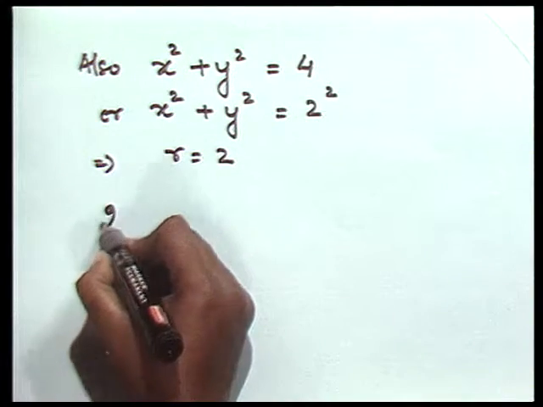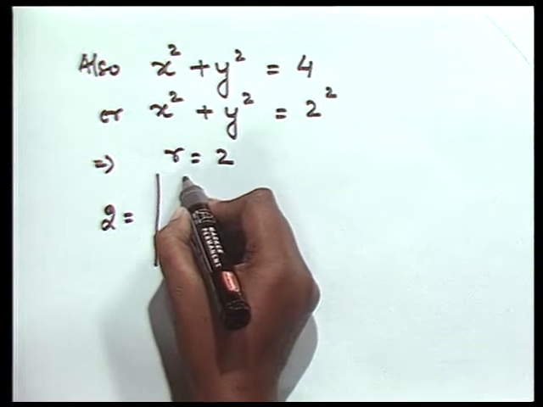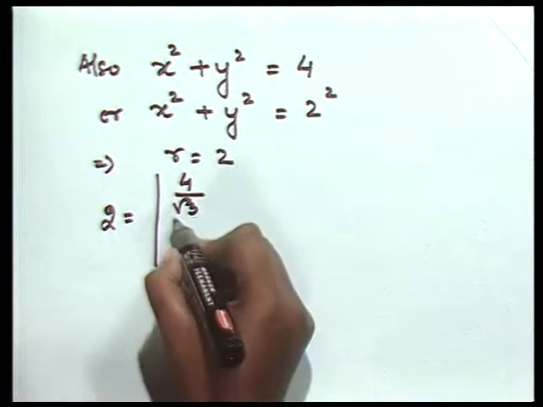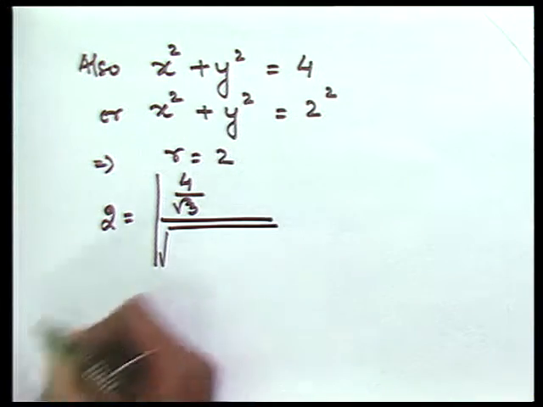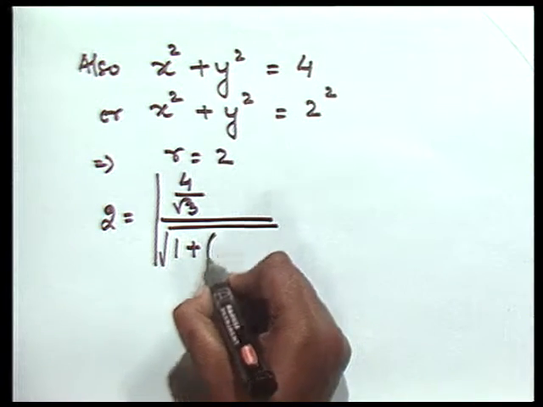and if we substitute these values in the condition, we get 2 is equal to mod 4 upon under root 3 upon under root of 1 plus minus 1 upon root 3 whole square.